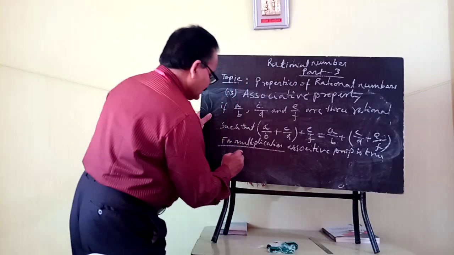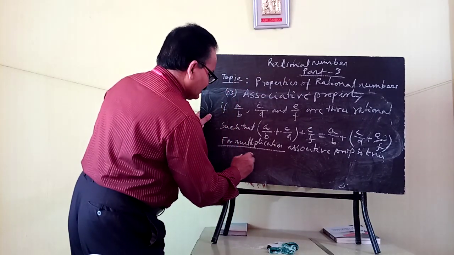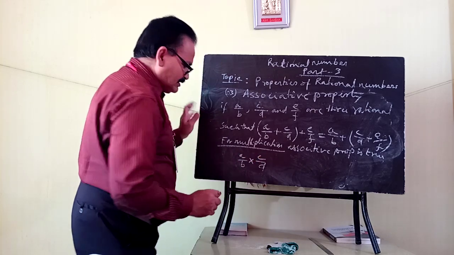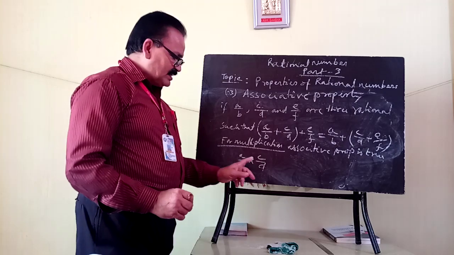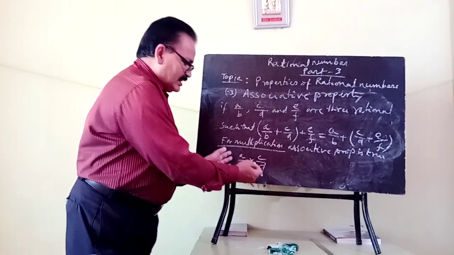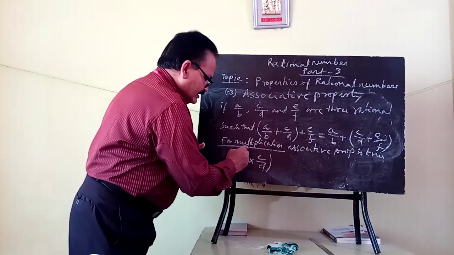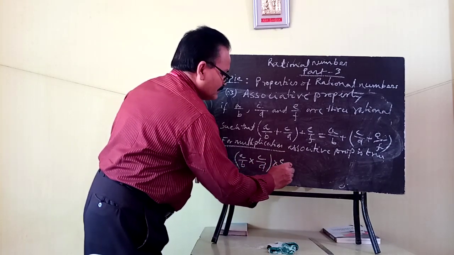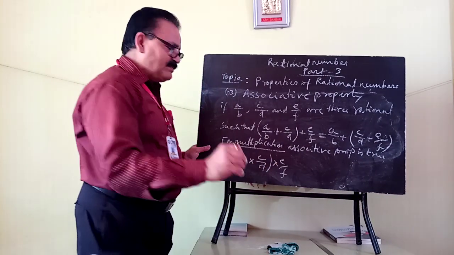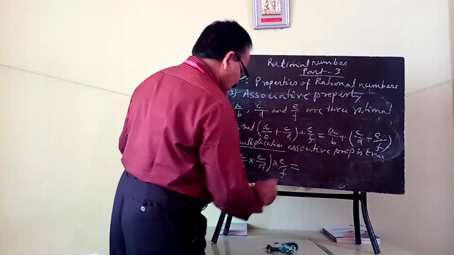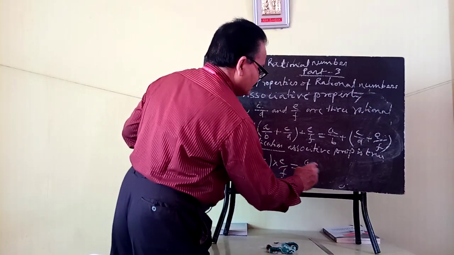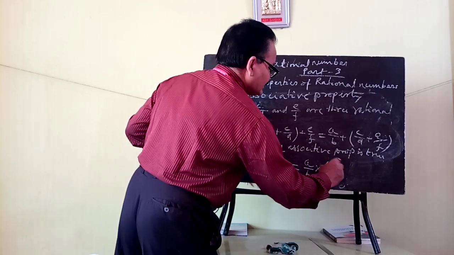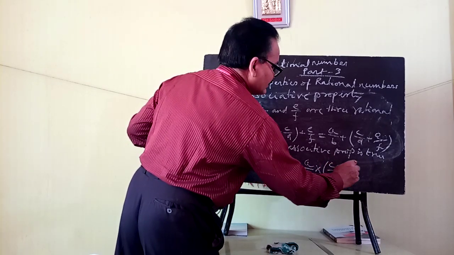That means if you multiply A by B into C by D, that means the first rational is multiplied with the second rational. Whatever product you have obtained, that product is multiplied with the third rational E by F. You will get the same answer when you multiply A by B with the product of the second rational and third rational.